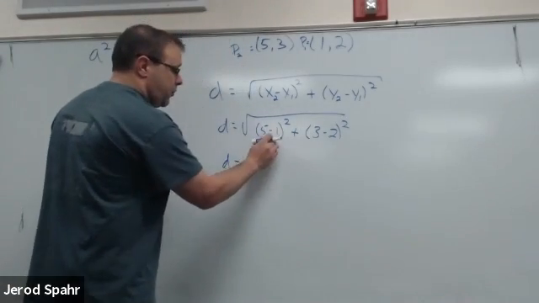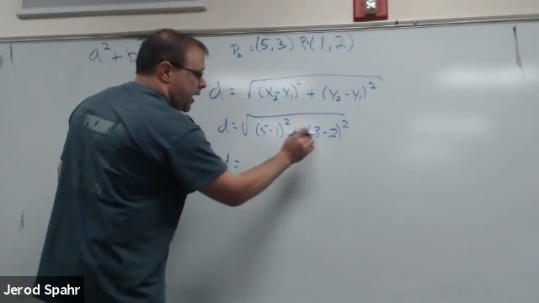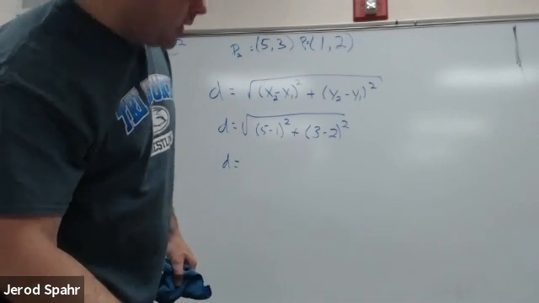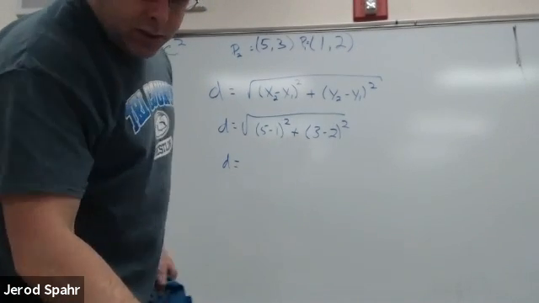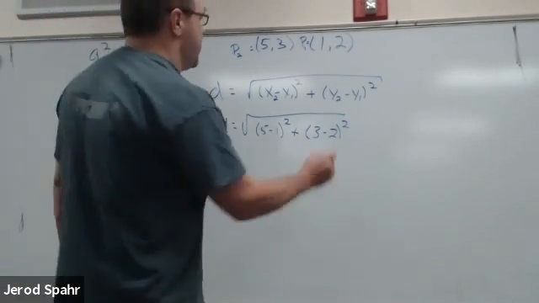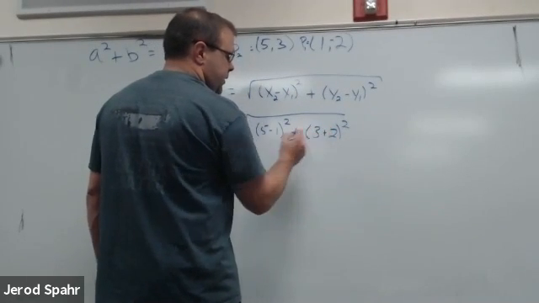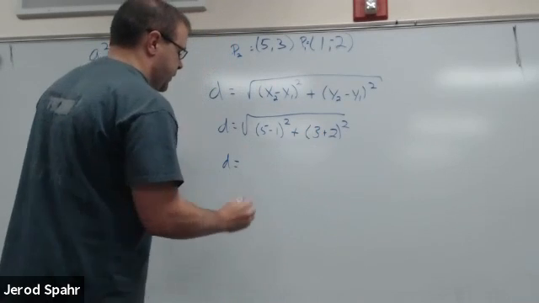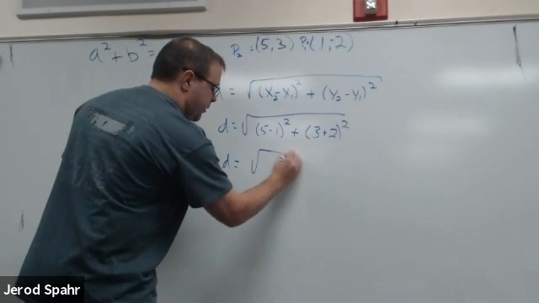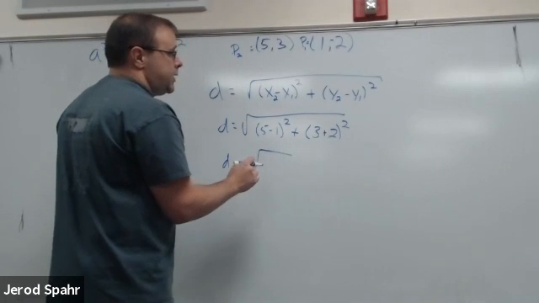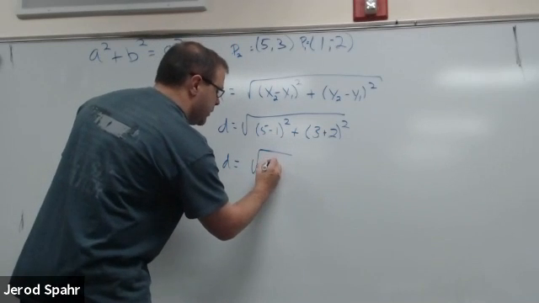So I have 4 squared there is going to be 16. Oh, it helps if I copy the points right. So they have negative there. So this is going to be a positive. So I have square root of 16 and 5. So 25 and 16 is going to be 41.